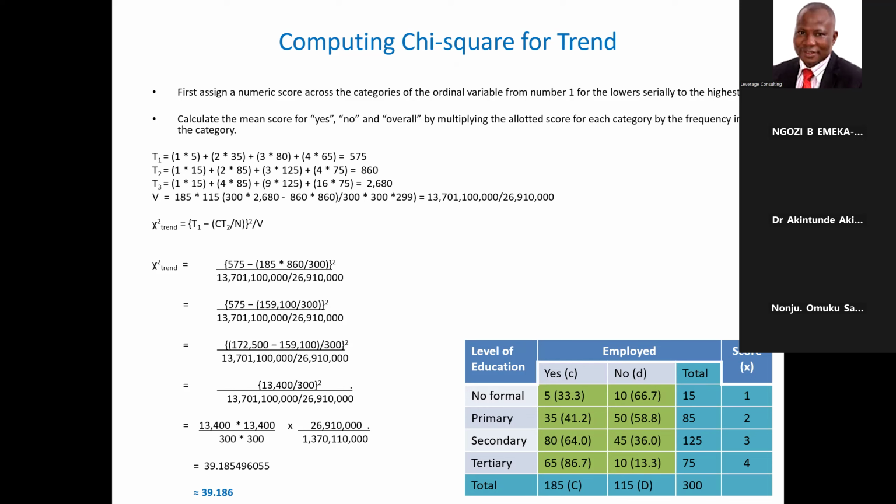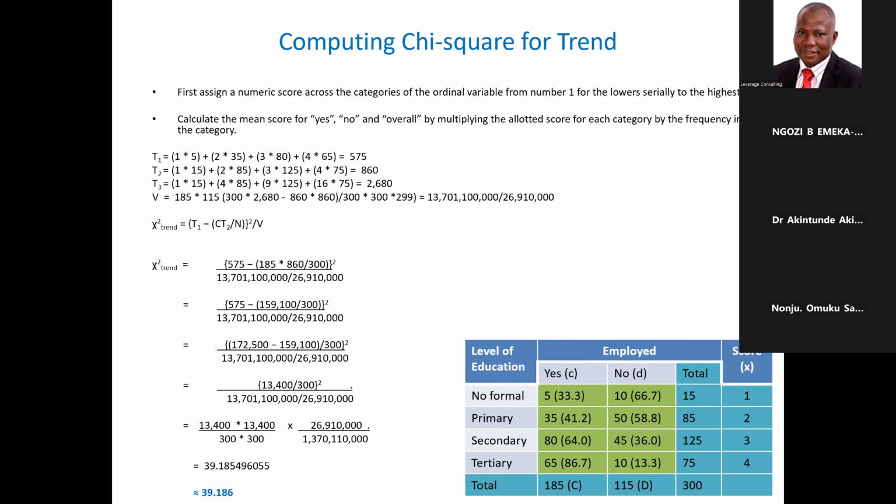Then calculate the mean score for yes or no overall by multiplying the allotted score for each category by the frequency in the category. Look at that T1 you see.